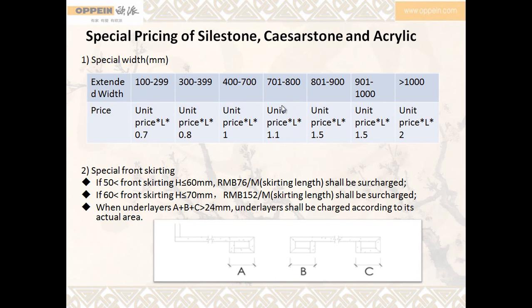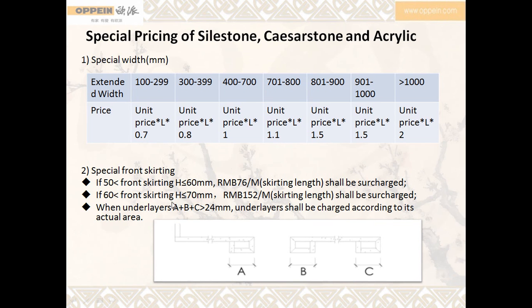For special front skirting, if front skirting H is more than 50 but no more than 60 millimeters, then 76 RMB per meter shall be surcharged.